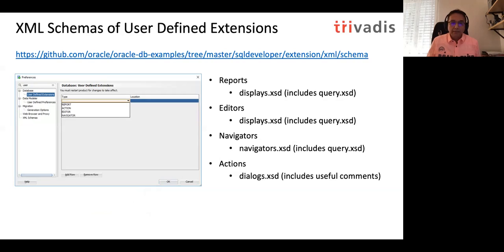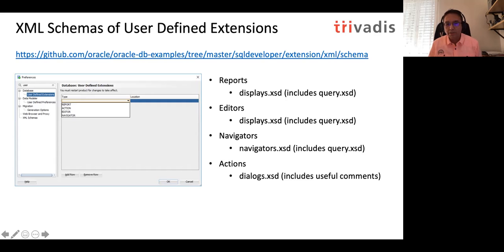There are schema definitions for these user-defined extensions, but this talk would be very boring if I go through the schema and explain what you can and what you cannot do. I will show that based on examples. But still, the schema is important for the details if you want them, and you also see the similarities between these 4 types of user-defined extensions.